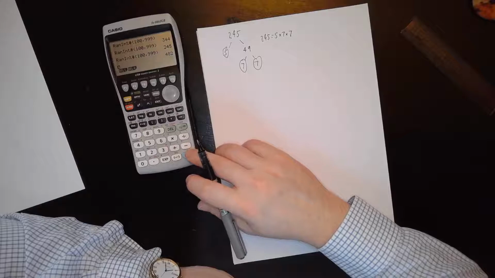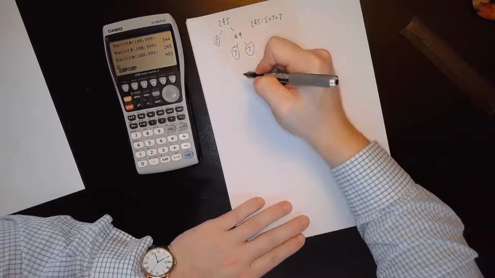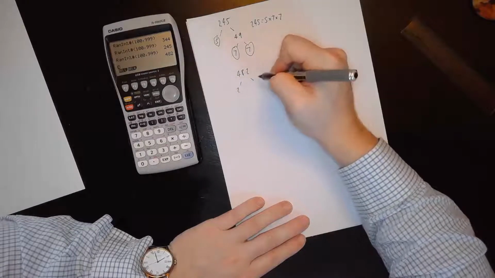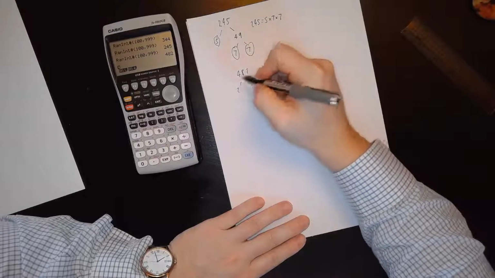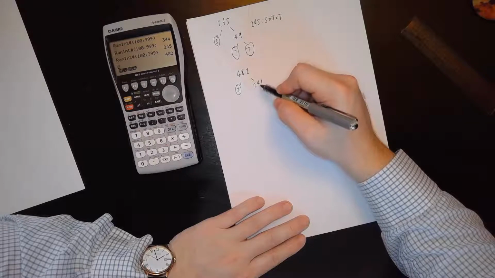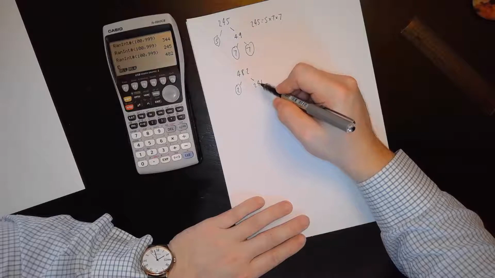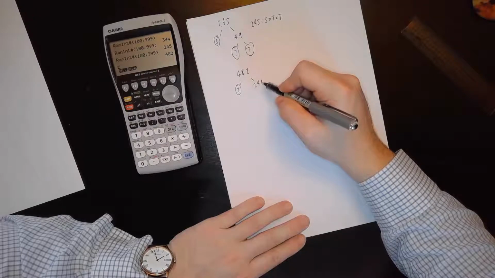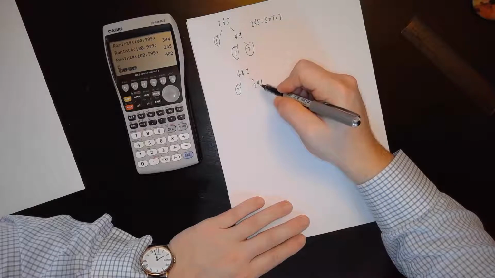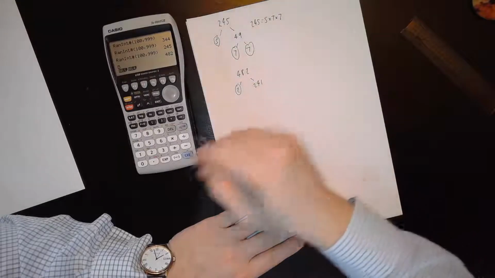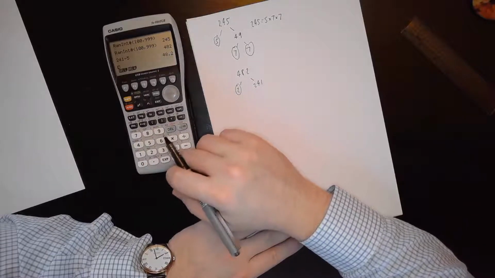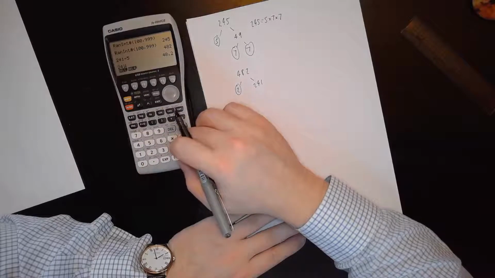Let's generate another number. So 482. Let's have a go at 482. It's obviously even, so 2 divides the number. 241. How many times does 3 go into 241? If we add the digits, 2 add 4, add 1, comes to 7, but 3 doesn't go into 7, so 3 doesn't go into 241. 4 obviously doesn't go in because it's even. 5, obviously doesn't go in. 6 doesn't go in because it's even.